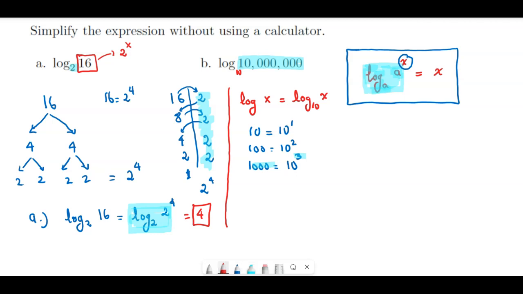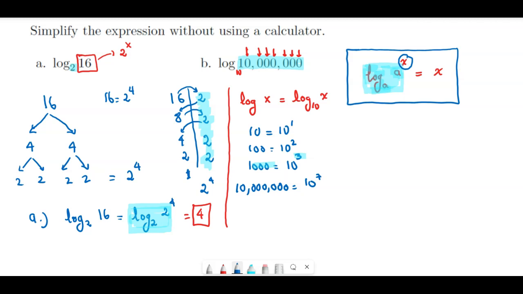So the only thing you gotta do is count how many zeros you have there. All right, and obviously there are 7 of them. So what I can write is, the 10 millions is gonna be equal to 10 to the 7.